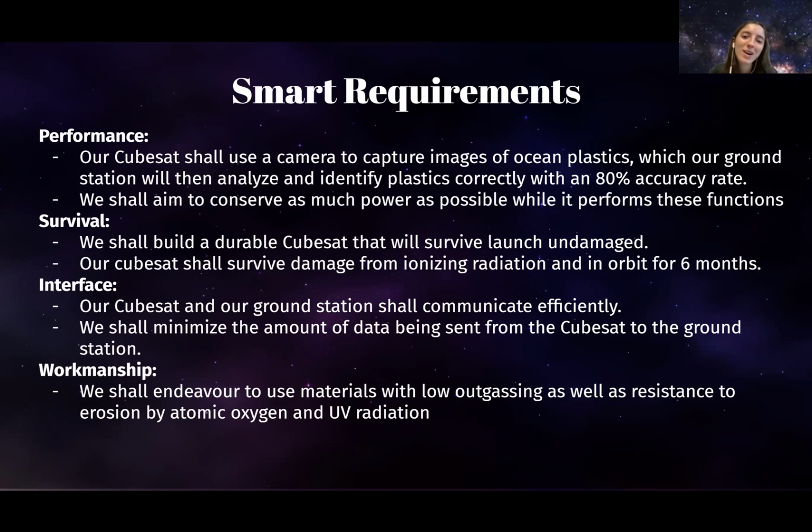Our survival requirement is for our CubeSat to be durable and to survive the stress of launch and orbit for around 6 months. In terms of interface, our CubeSat will communicate efficiently with the ground station with a minimum amount of data being sent back and forth. Finally, for workmanship, we will use materials with low outgassing and resistance to erosion and other stressors of the space environment.